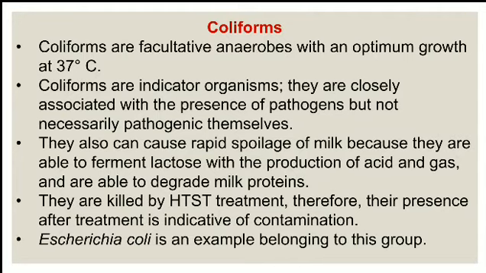They can also cause rapid spoilage of milk because they are able to ferment lactose with the production of acid and gas and are able to degrade milk proteins. They are killed by pasteurization treatment, so their presence after treatment is indicative of contamination. E. coli is an example belonging to this group.